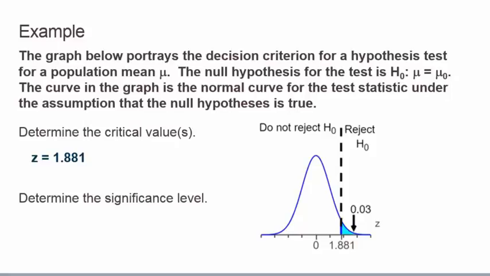Determine the significance level. Since the area to the right of 1.881 is 0.03, alpha equals 0.03.